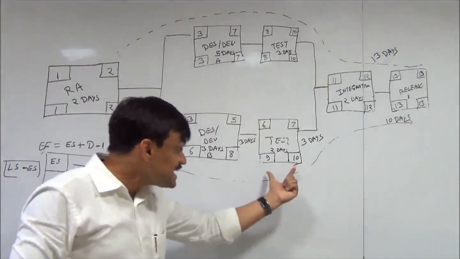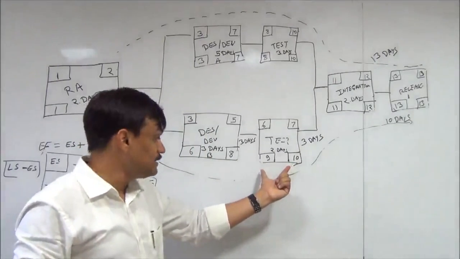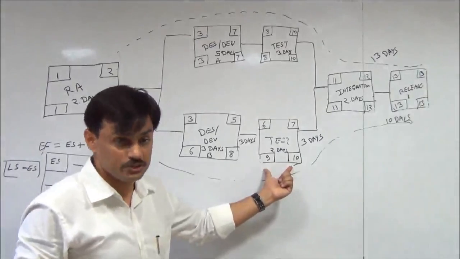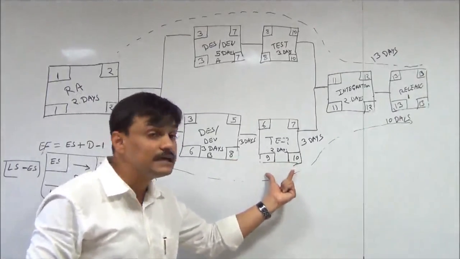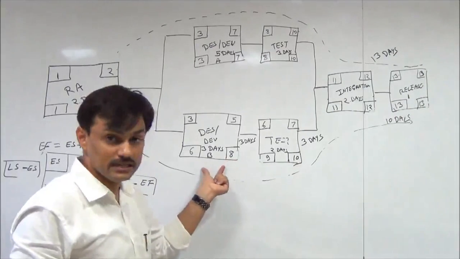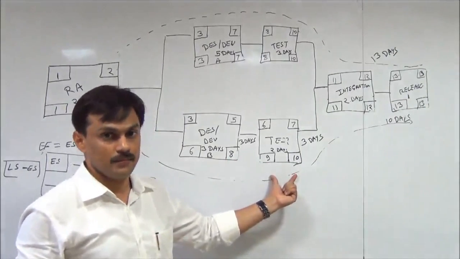So the second activity is getting impacted even though it is not on the critical path, and I need to communicate. I need to tell the resources who are sitting here that I'm going to delay this, so they can plan something else for their 2 days.